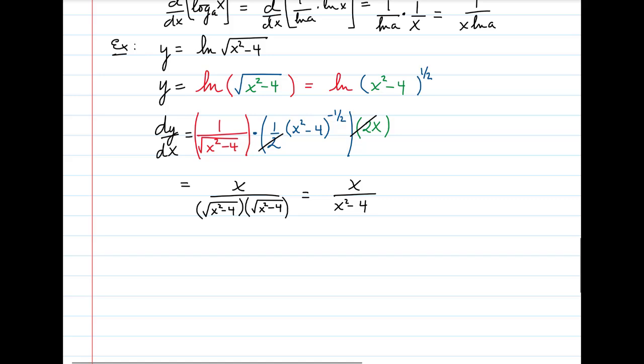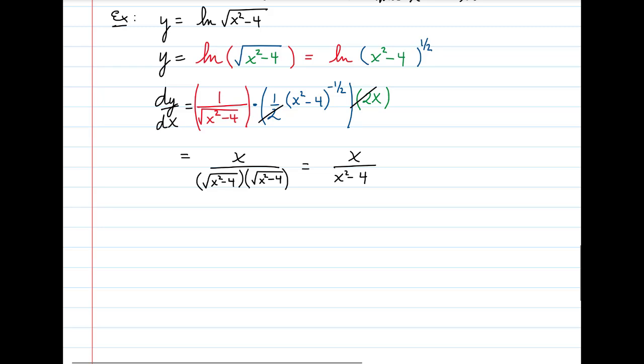In the same way, if you have several functions nested together, one within the other, the chain rule is going to apply until you can't go any further. Here, x squared minus 4 was our stopping point because after this, we just have x, and once we get to x, we stop. So here's an example of how the chain rule gets applied twice in the same problem.